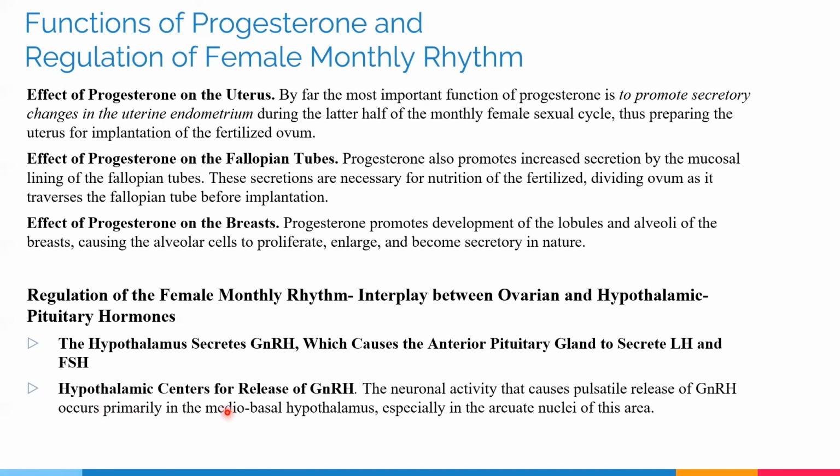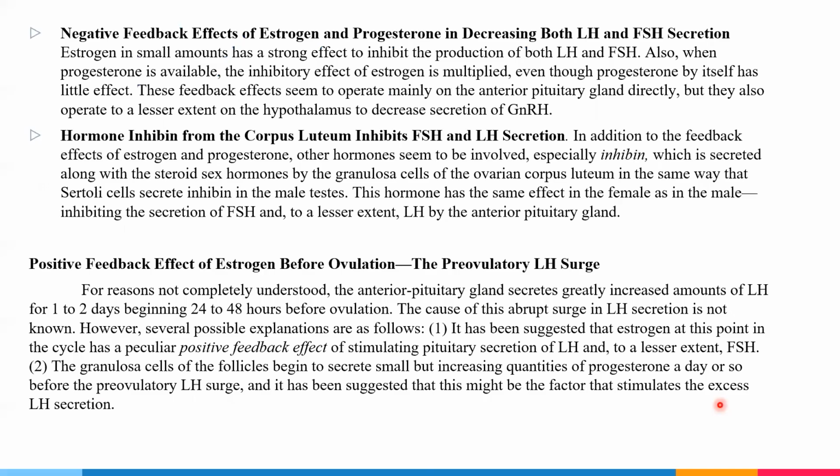Hypothalamic centers for release of GnRH. The neuronal activity that causes pulsatile release of GnRH, or gonadotropin releasing hormone, occurs primarily in the mediobasal hypothalamus, especially in the arcuate nuclei of this area.